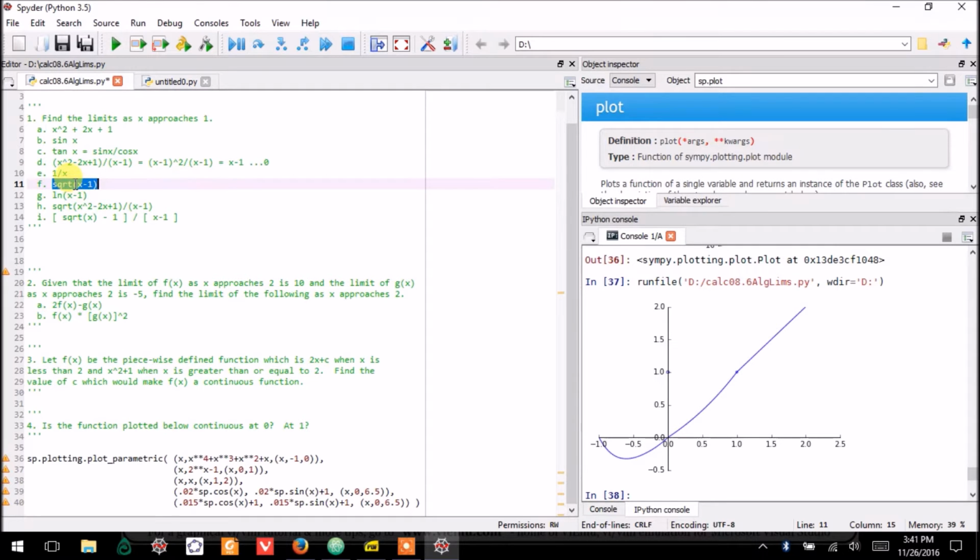So here, the limit does not exist. The right-handed limit is equal to 0. You could convince yourself of that graphically or some other way, but the limit does not exist.